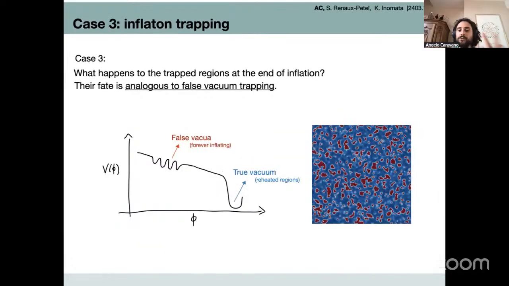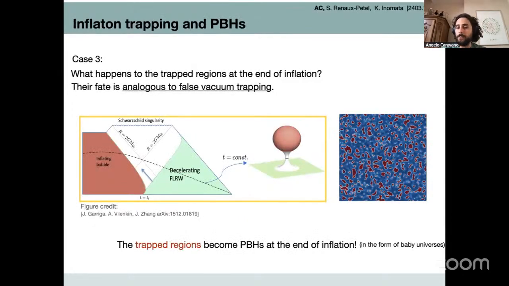Now, how can the two things be true at the same time? These things expand forever because they are de Sitter regions, and at the same time they're going to collapse into black holes. These things might sound incompatible, but actually they are compatible, and this is because general relativity is complicated.